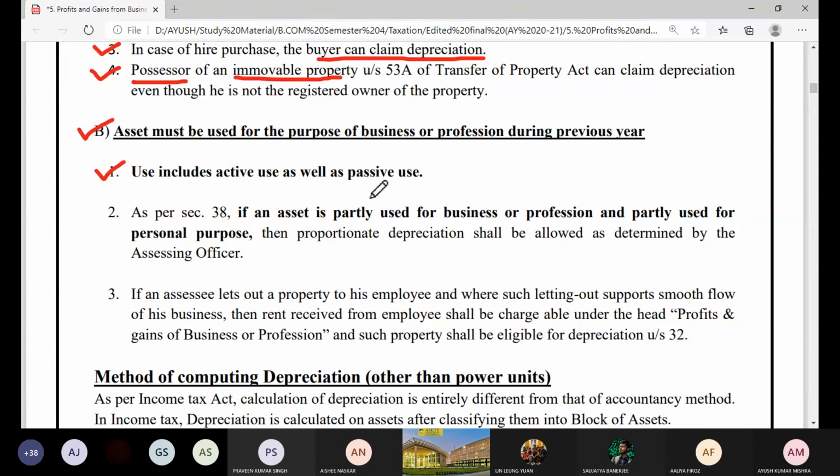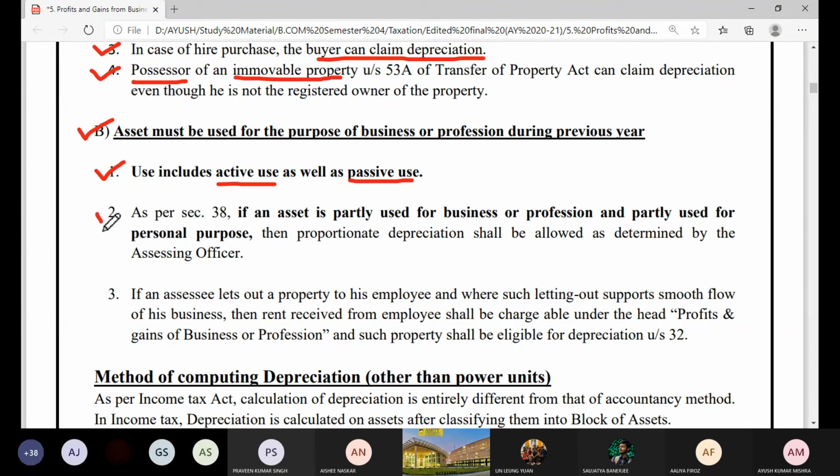It may happen that you have some fire extinguisher installed at a particular place, but you never got the opportunity to use the same in the last 5-6 years. So can't you take depreciation on the same? I said yes, you can take. But remember that the asset must be ready to be used. That means it must be in passive use condition or in active use condition.